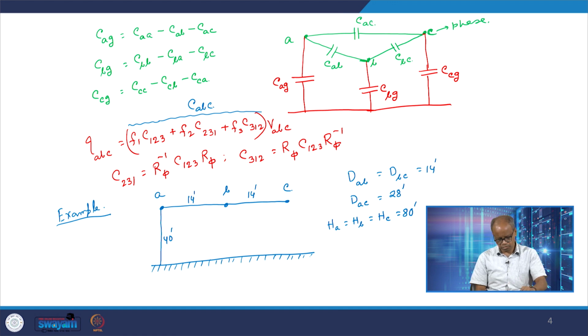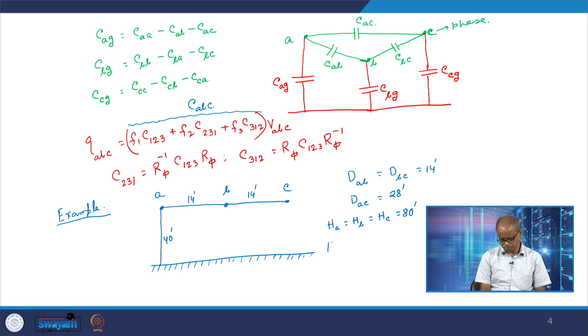So if phase A is at a height of 40 feet from ground, its image conductor would be at a depth of 40 feet below the ground. So the distance between phase A conductor and its own image conductor would be 80 feet.